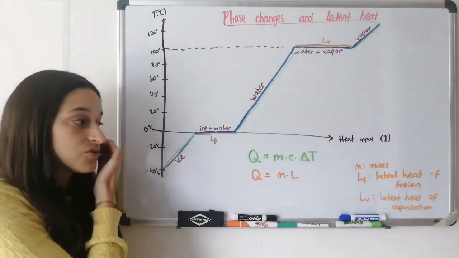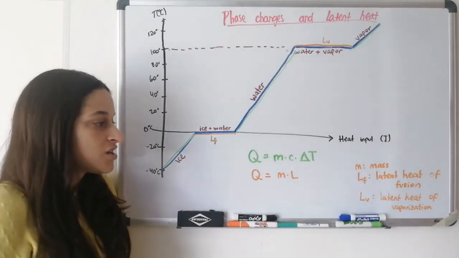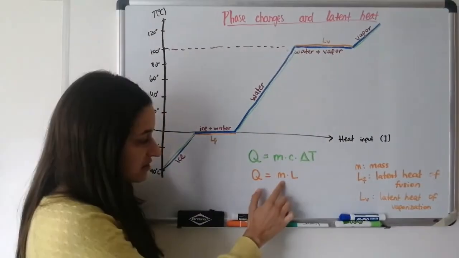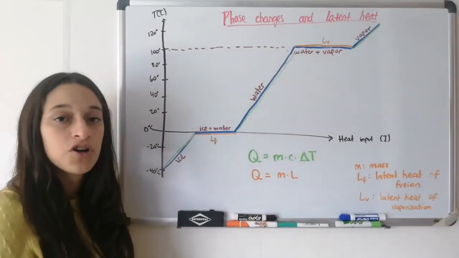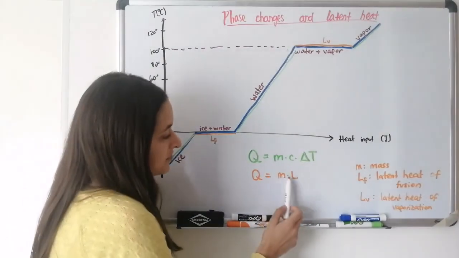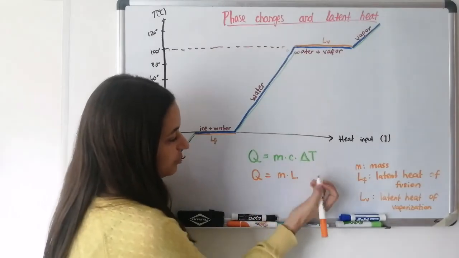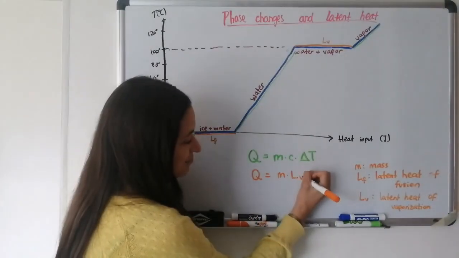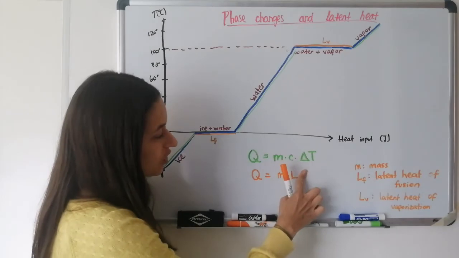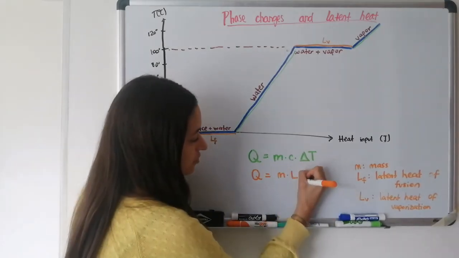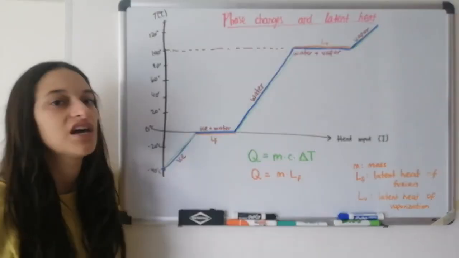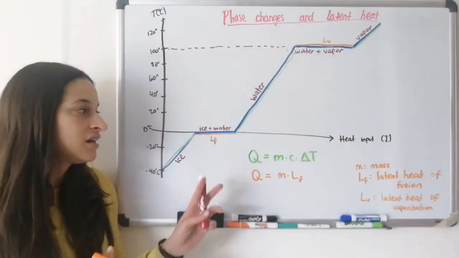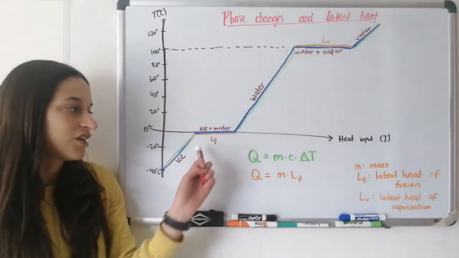So basically this equation is the mass of water or ice or vapor that you have times L, but L can either be LV or LF. There's no such thing as just L. It's always either LV if you're here or LF if you're here.